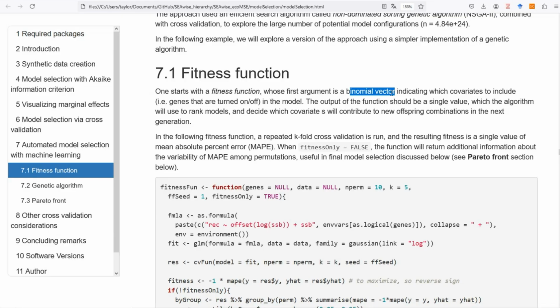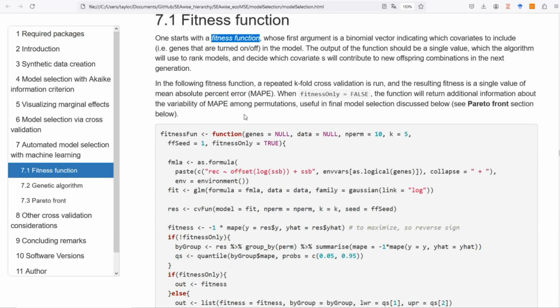So it's going to be zeros and ones as to whether or not to include a given covariate. If it's a 0, it's not included. If it's a 1, it's included. And the output of this fitness function, for the purpose of the genetic algorithm, is just a single fitness value that it's going to use to decide whether or not certain solutions will be kept for the next generation.